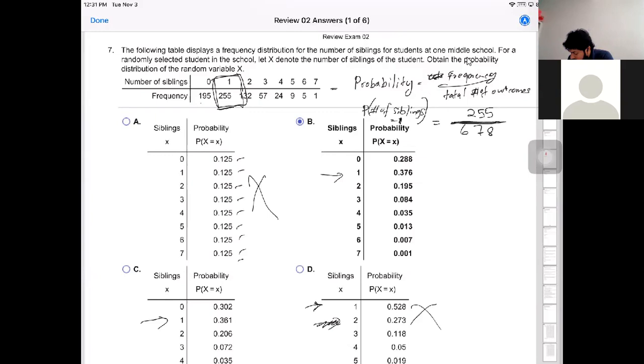I think the total number of outcomes goes wrong. Let me calculate that again.